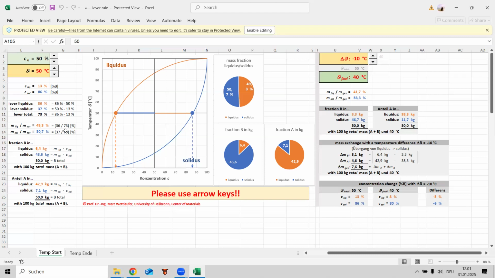So the liquidus lever divided by the total lever, and here we have the solidus lever divided by the total lever, in percent.